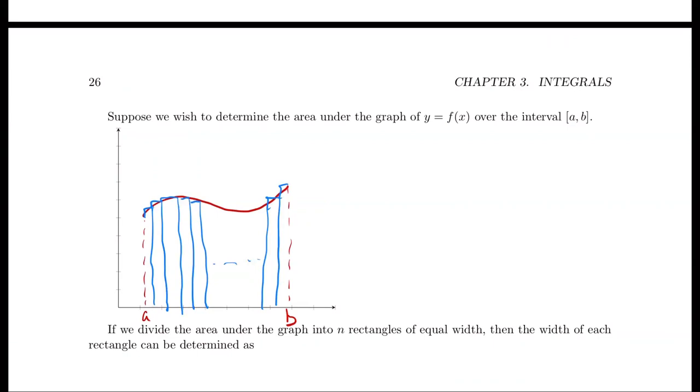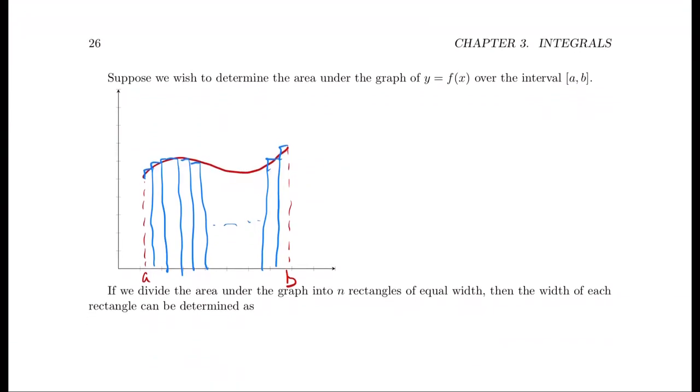So the idea here is that, let's say we call this point over here x1, this point x2. Well, x1 here would just be a plus the width. The width here is actually going to be determined in a bit. But if we want to find x2, then that would just be a plus 2 times the width.